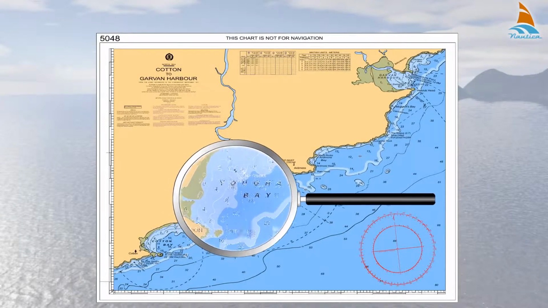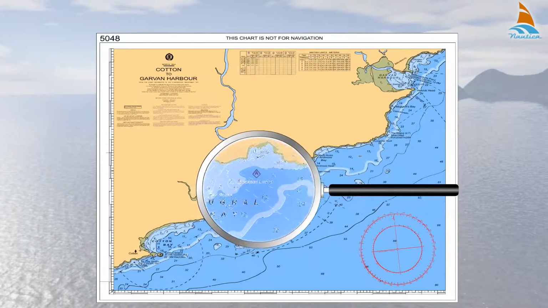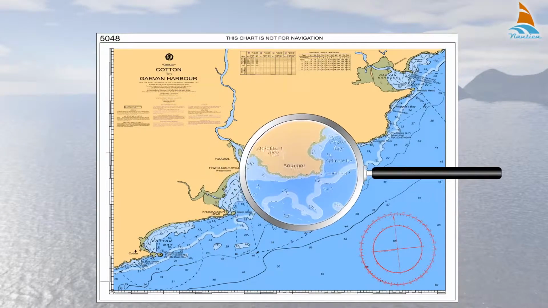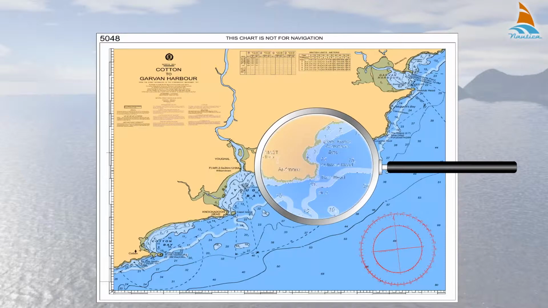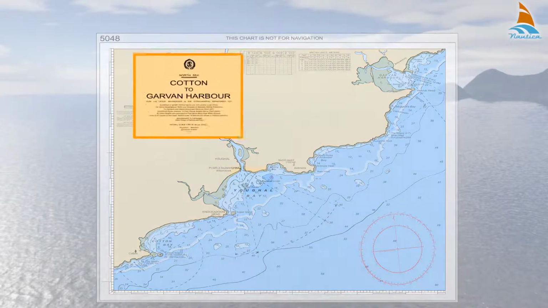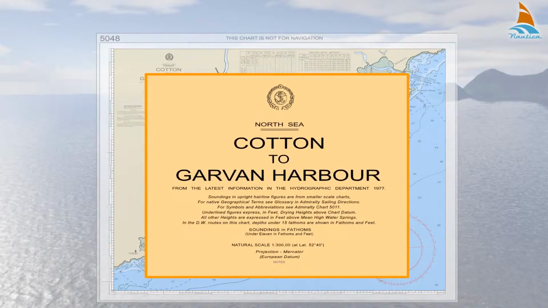Viewing a nautical chart for the first time can be very challenging. It can seem complicated if you don't know what you're looking at and what it means. Things you should take notice of when looking at the nautical chart are the title block, where you can see the crest, which is located at the top of the chart title and will ensure your chart is official.